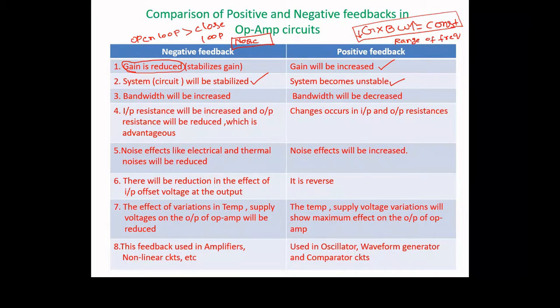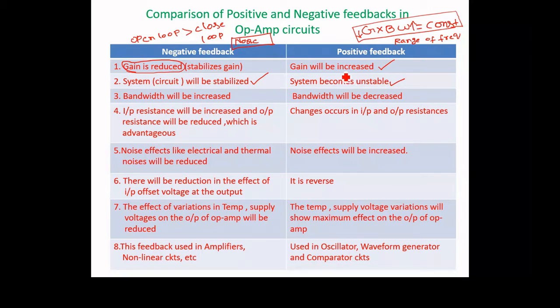So you can operate over a larger frequency range when you connect the op amp in closed loop, again in negative feedback. The range of frequencies that you can operate the op amp in will get increased. So the usefulness of the device is improved; you can operate in more frequency bands. That is the advantage of the negative feedback.